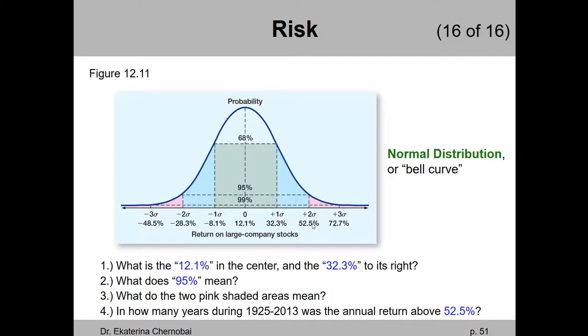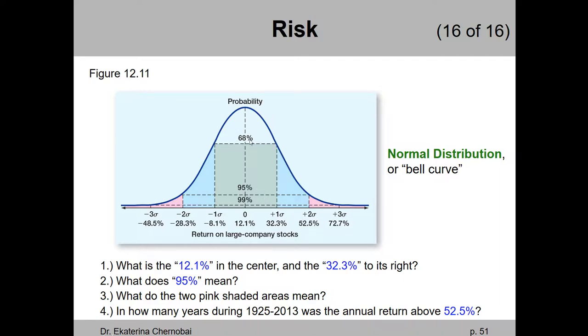When we're talking about our 88-year time period, 95% of the time, maybe 86 out of 88 years, the return fell in this range, and only in a couple of years it was beyond that range, so much lower than negative 28.3% in 1 year, or higher than 52.5% in 1 year.